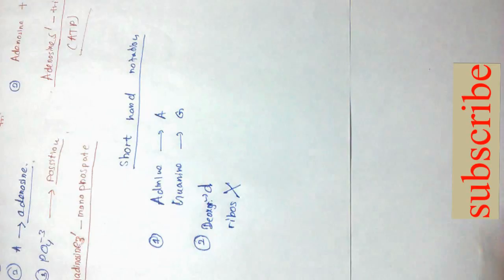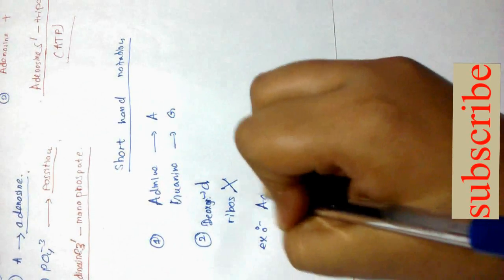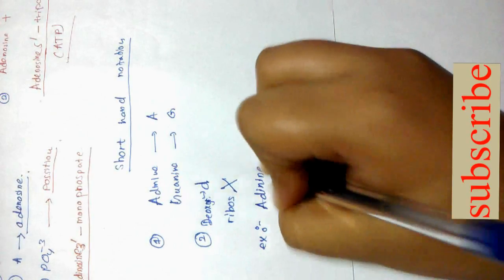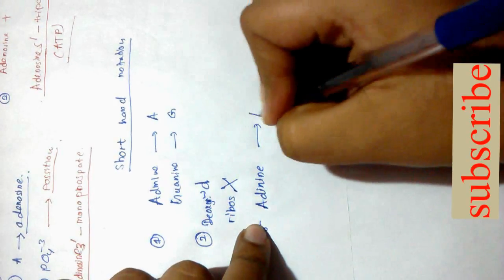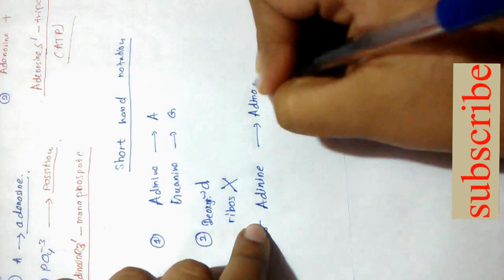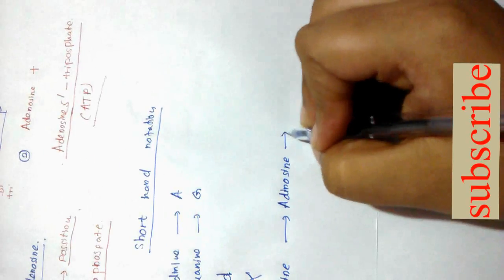An example like this: adenine attachment to the first carbon we call adenosine. Adenosine means in here A. For the deoxyribose group, we can write D. It's denoted by D. Remember, for adenine, you have to write adenosine.